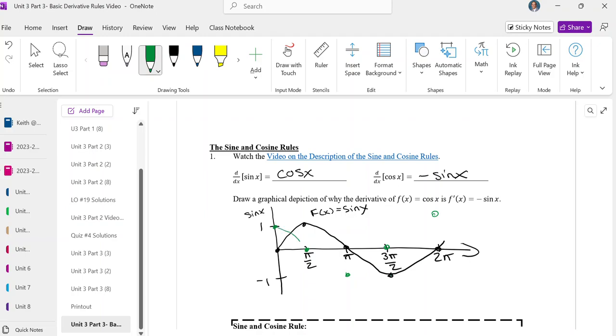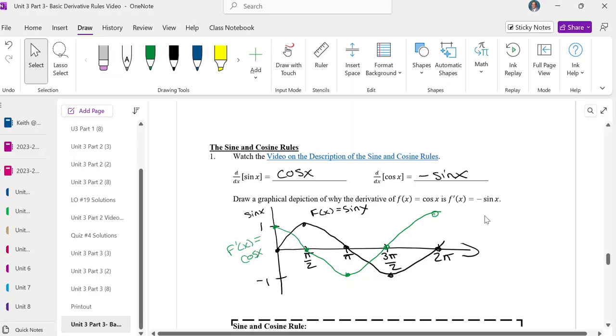If you look at the graph of the derivative, that's the cosine. So that's a graphical depiction of why the derivative of the sine is the cosine.